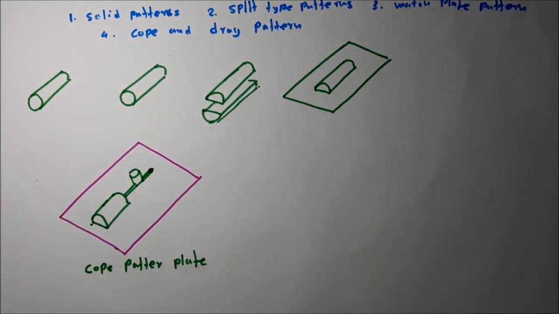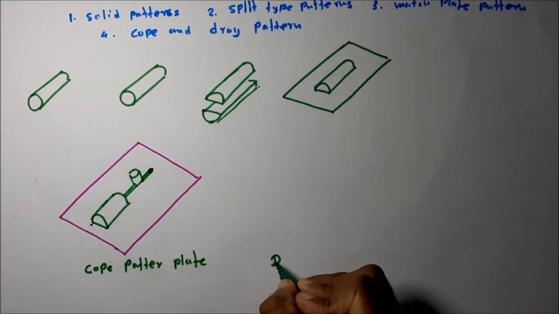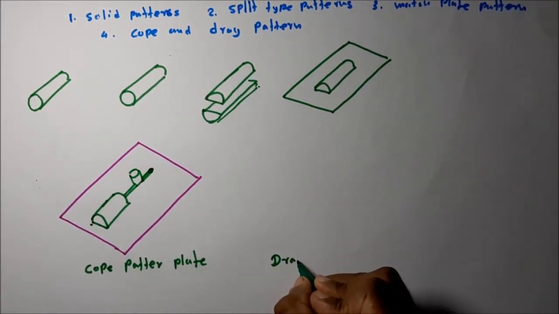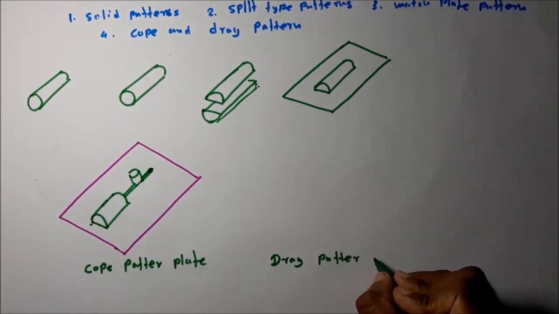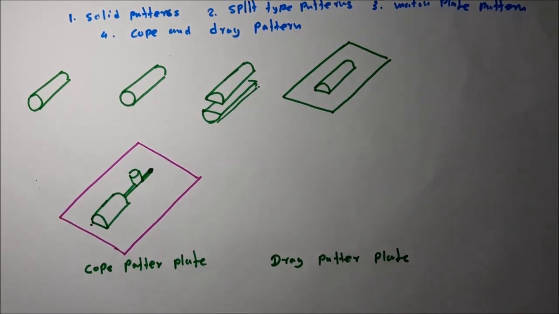So if we take the drag pattern plate, what happens? The drag pattern plate creates the bottom cavity area, the drag. It's like this.